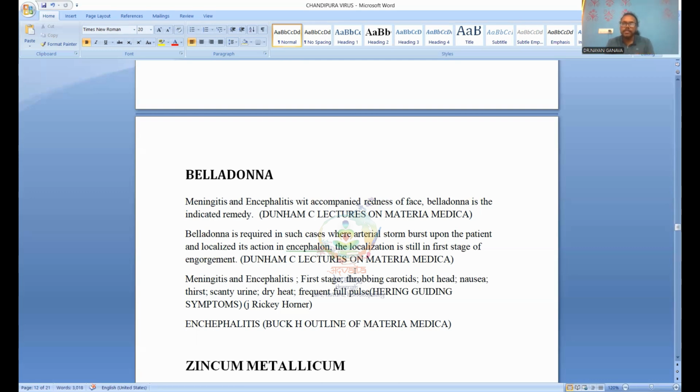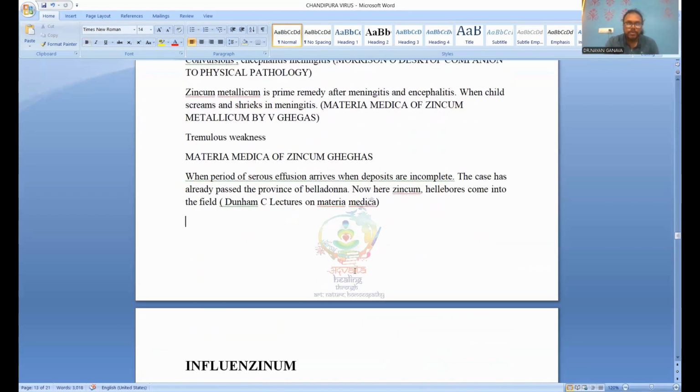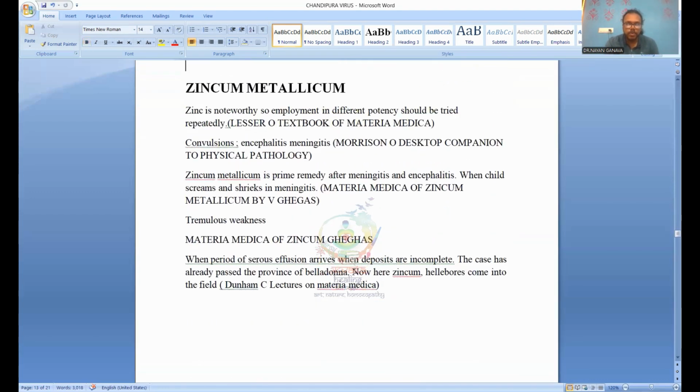Encephalitis, that is what is written by Boericke in Outline of Materia Medica. Now, if we see Zincum met, Zincum is noteworthy. So employment in different potency should be tried repeatedly in encephalitis.